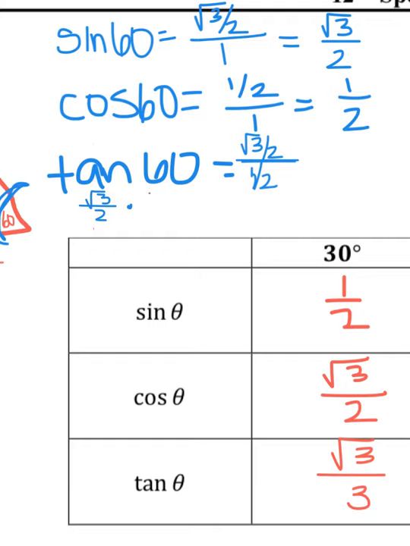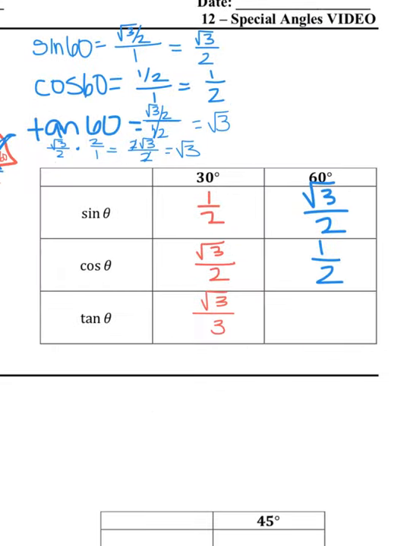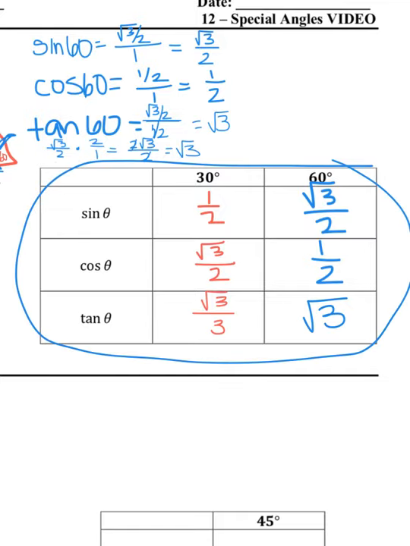So 1/2 becomes 2/1. Then you multiply across, you get 2 root 3 over 2. Your 2's will cancel, and you get just the square root of 3. If your square root is not in the denominator, it's totally fine. So the tangent of 60 degrees is the square root of 3. Again, if that was super, super messy, that's totally okay. I just wanted you to follow it a little bit, and then you should be memorizing this chart. All right?